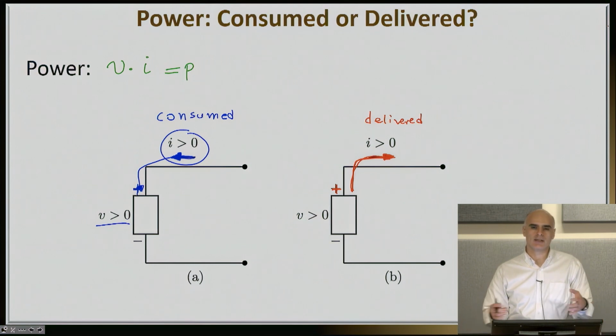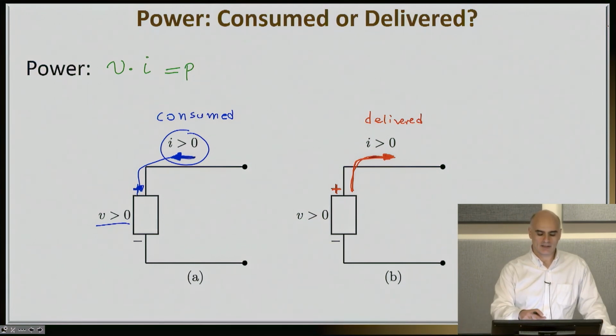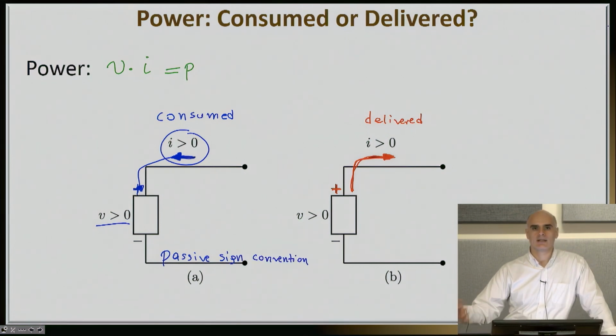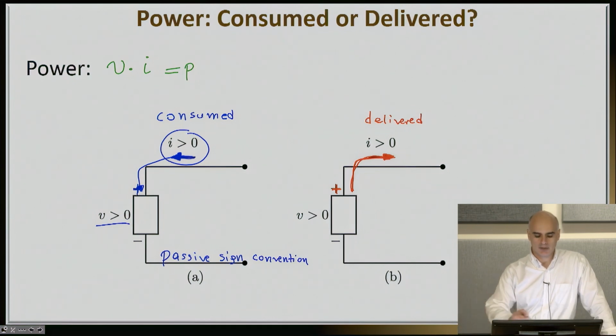In order to say things a little bit more concisely, we actually give names to these different situations. This is called the passive sign convention. And by these words, we mean that the current I is entering the device from the positive terminal, while this one is called the active sign convention.